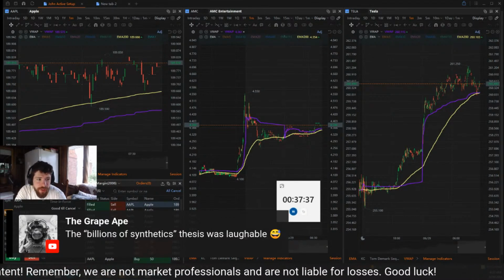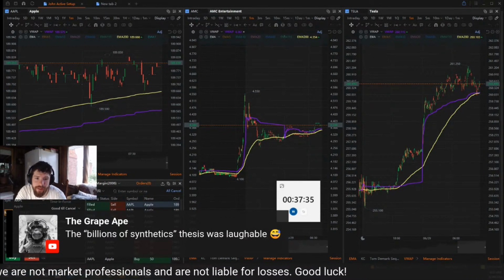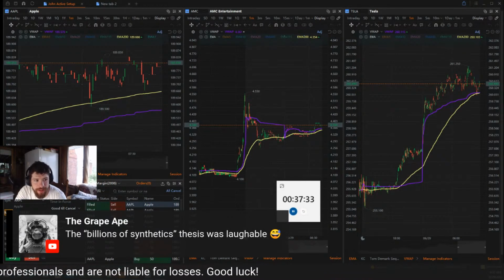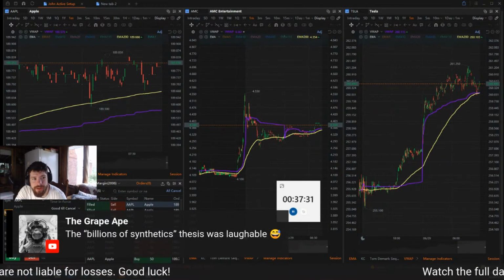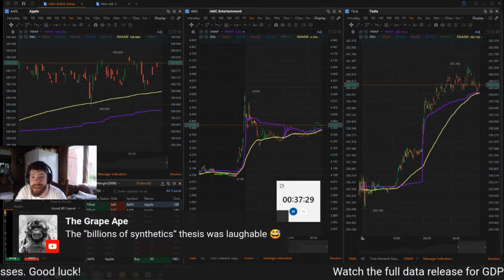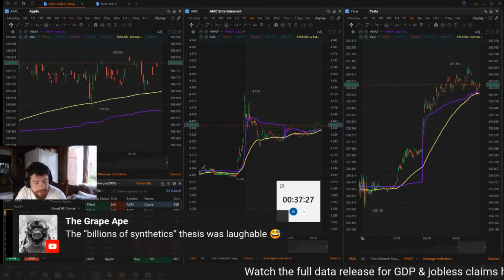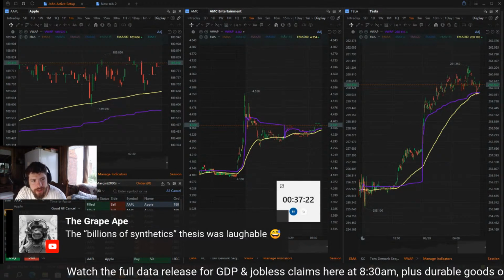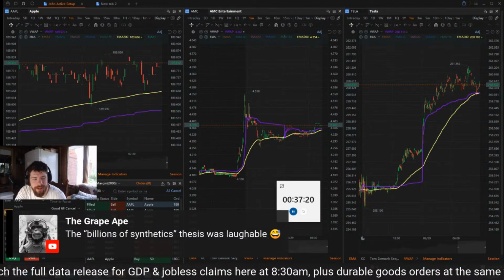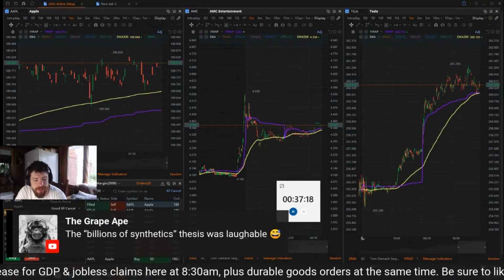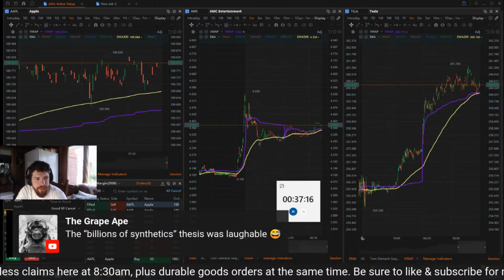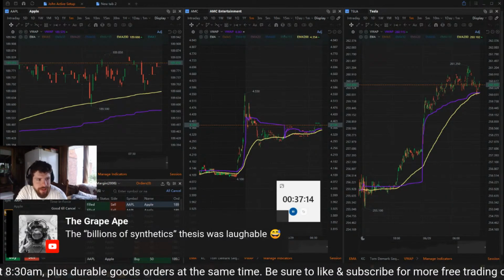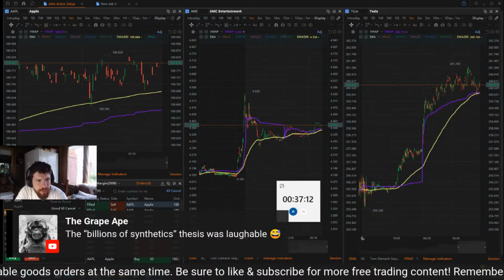I think it all has to do with gullibility, right? How gullible is the average person? If you tell the average person what they want to hear, and you say, hey, bro, if you buy up thousands of shares of AMC, you'll be rich. Think about what the Wolf of Wall Street used to tell the people he was selling to. Think about what Jordan Belfort used to tell them. He'd say, yeah, you could pay your mortgage with the profit.